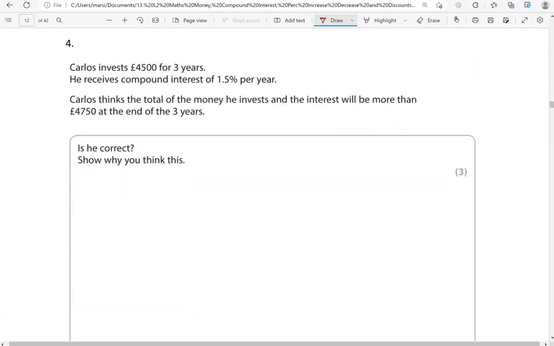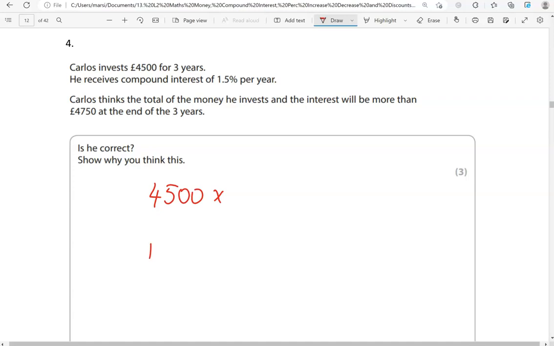Carlos invests £4,500 for 3 years. He receives compound interest of 1.5% per year. Carlos thinks the total of the money he invests and the interest will be more than £4,750 at the end of the 3 years. Is he correct? Show why you think this. So again, we can use the formula, which goes by initial investment, which is 4,500, times the multiplier here.